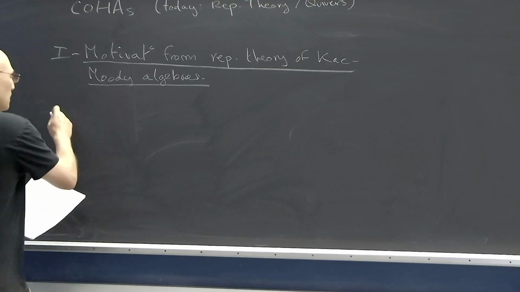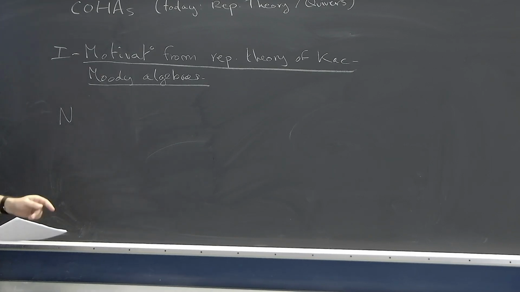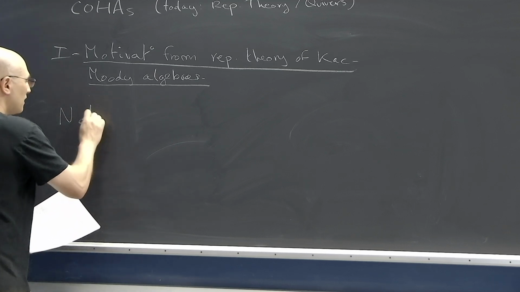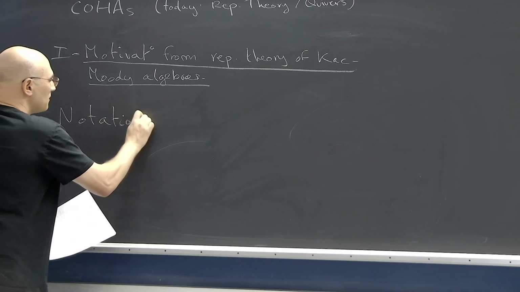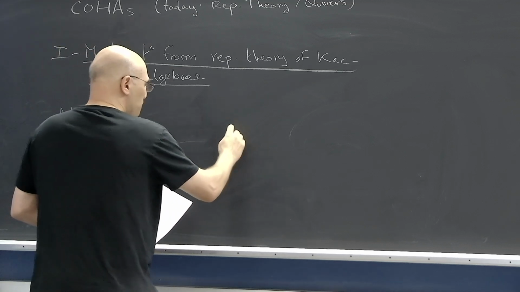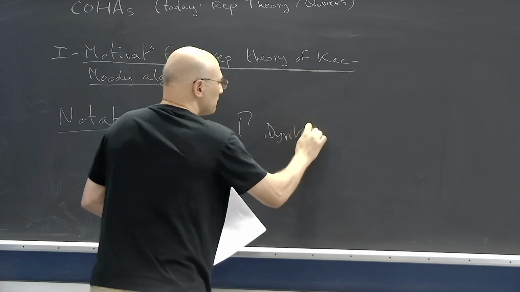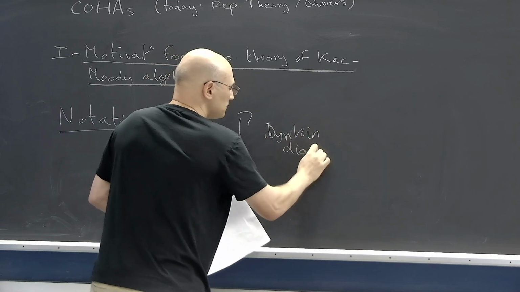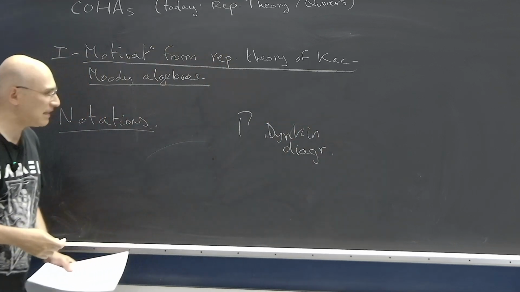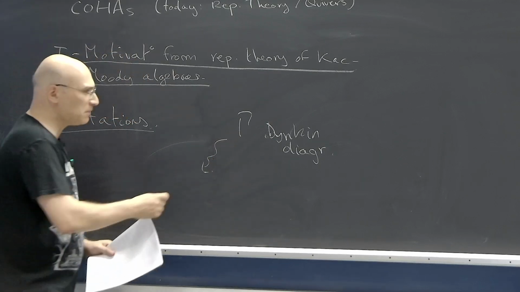All right, so let me start by recalling a little bit about the Kac-Moody algebras. This is more notations. So we start from a Dynkin diagram, a generalized Dynkin diagram, let's say.